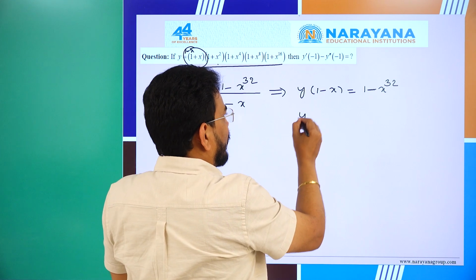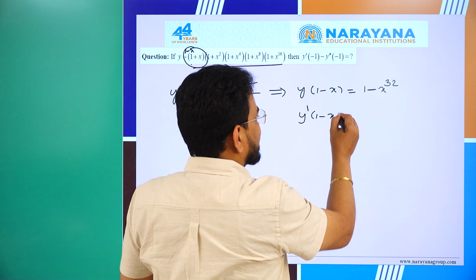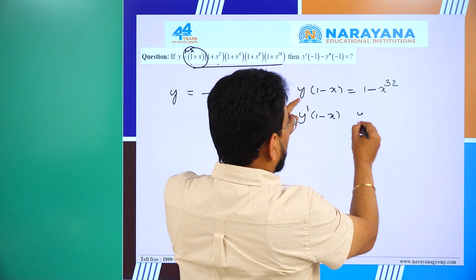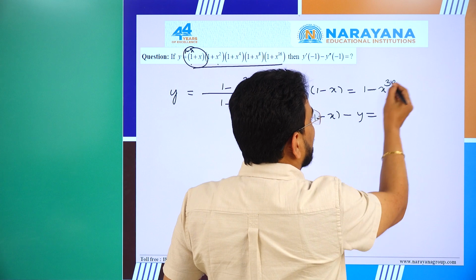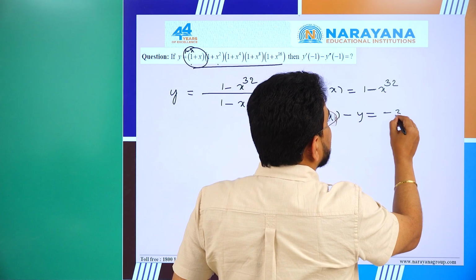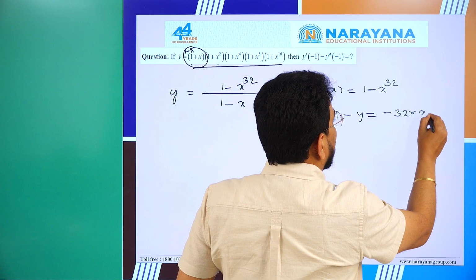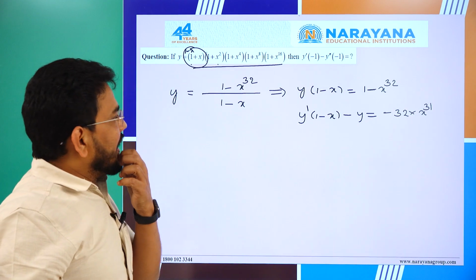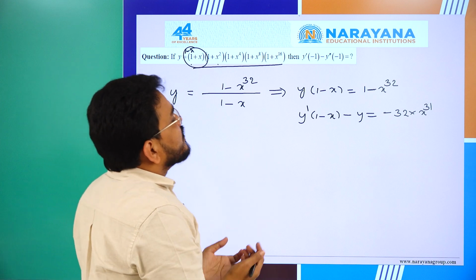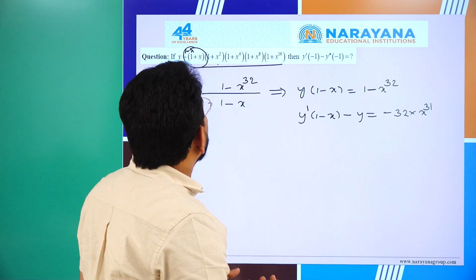Differentiate: y dash into 1 minus x, plus y into the derivative of this, which is minus, is equal to minus 32 into x to the power of 31. Right? So substitute x is equal to minus 1.